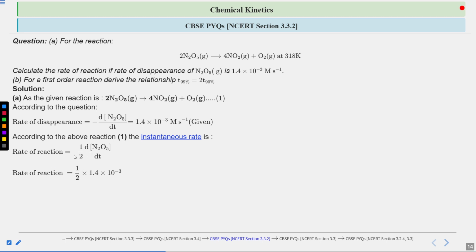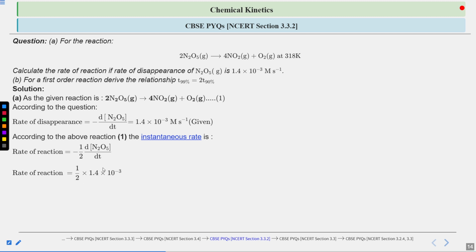Now focus: we are already given the rate of disappearance, which is minus d of N2O5 upon dt equal to this much. The rate of reaction we found is minus half of the change of concentration of N2O5 by dt. Since you know the value of minus d of N2O5 by dt, we simply put it here: rate of reaction is equal to half of 1.4 times 10 to the power minus 3.